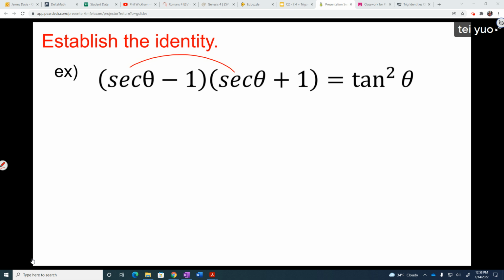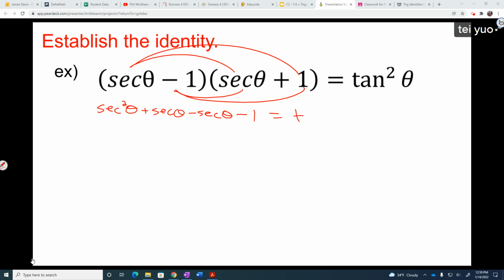So secant times secant is secant squared. Then we have our outer, secant times 1 would just be plus secant theta. Negative 1 times secant theta would just be minus secant theta. And then minus 1 times plus 1 is minus 1, equals secant squared.